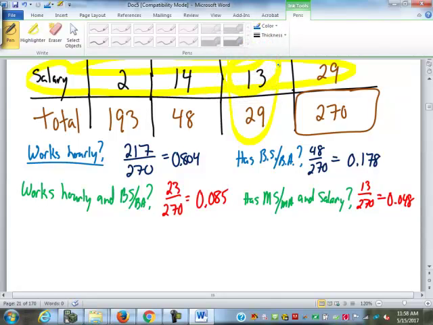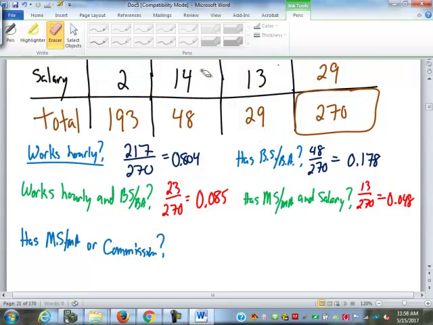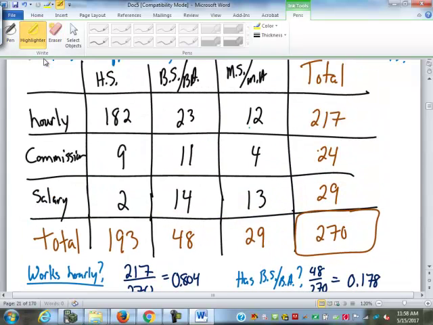Let's change it up a little bit. What's the probability that a randomly selected employee has a master's degree or works on commission? So let's go up here. Master's degree is here. Commission is here. But I didn't say and, so I'm not just looking at the 4. I said or.